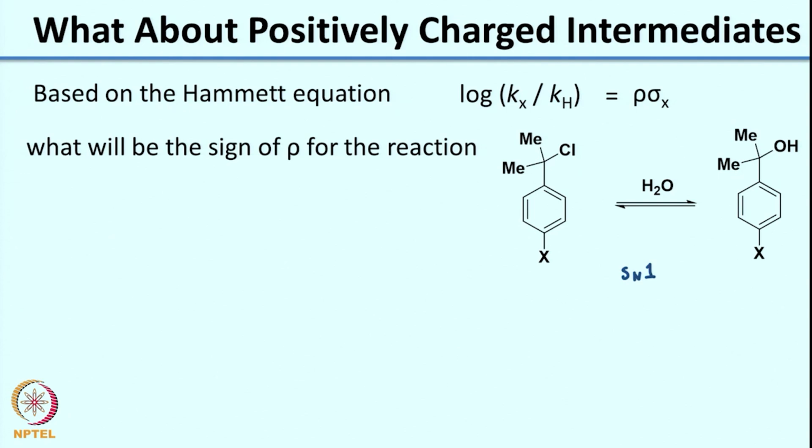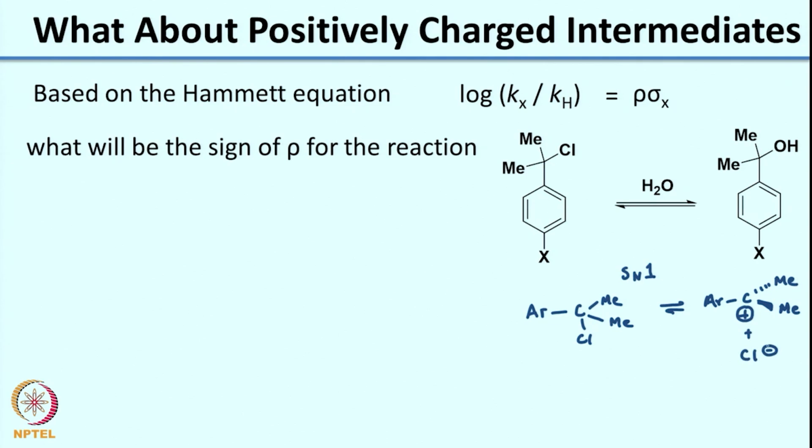So, if you consider an SN1 reaction, I would just put this as Ar. So, you have Ar C Me Me Cl dissociating to give Ar C Me Me carbocation plus Cl minus.